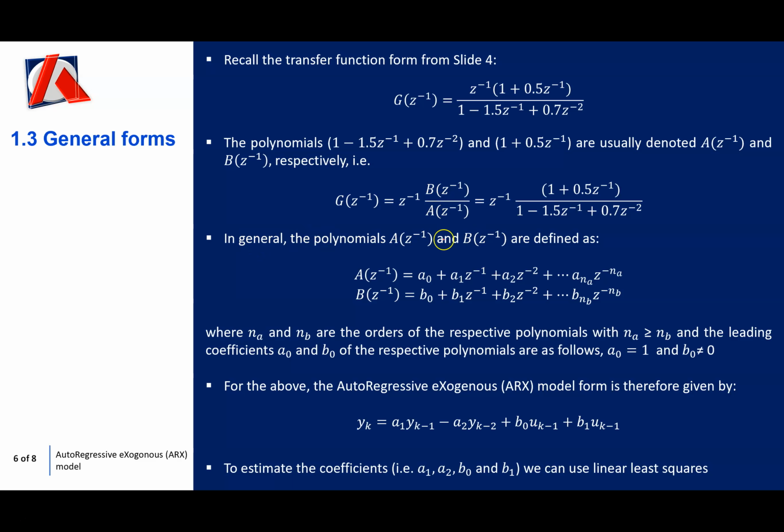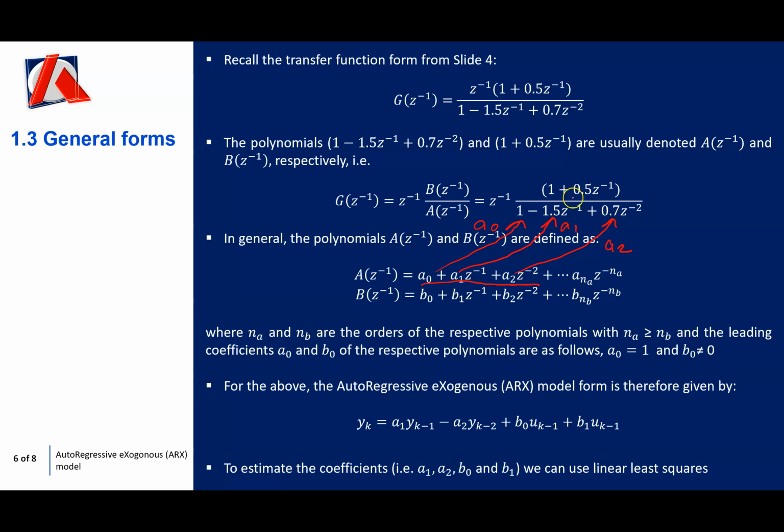So in general, the polynomials are given by this. Looking at a, because it's second order, you can see in this case that there is a2, here a1, and here a0.